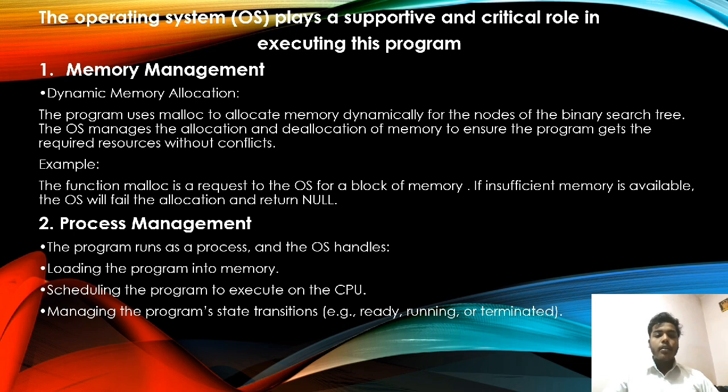The OS manages the allocation and deallocation of memory to ensure the program gets the required resources without conflicts. Example: the function malloc is a request to the OS for a block of memory. If insufficient memory is available, the OS will fail the allocation and return NULL.